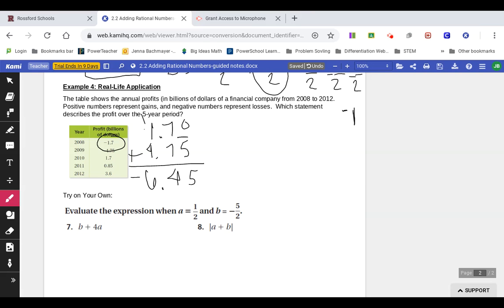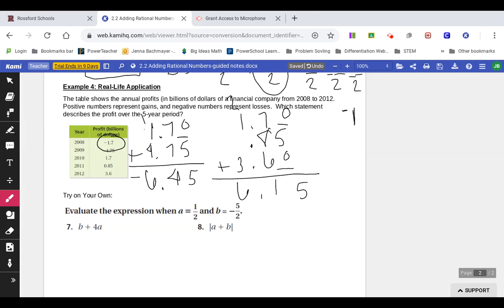So I have 1 7/10, 85/100, and 3 6/10. So when I add all those up, I like to put the zeros as placeholders. So when I add that up, I get a 5. 14 plus 7 is 21. I get a 6. I get a positive 6 15/100.